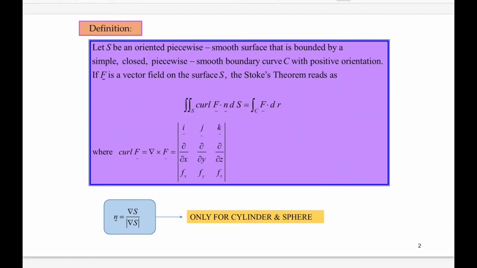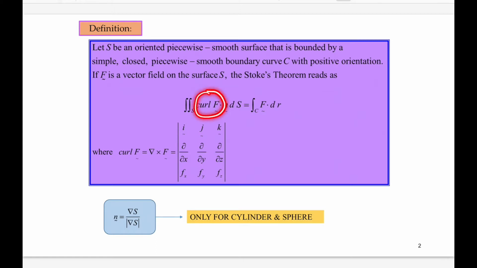We have discussed how to calculate surface integrals in the previous lessons, and we have seen that they are not too difficult to solve. It's just that now we have an extra step of taking a curl.